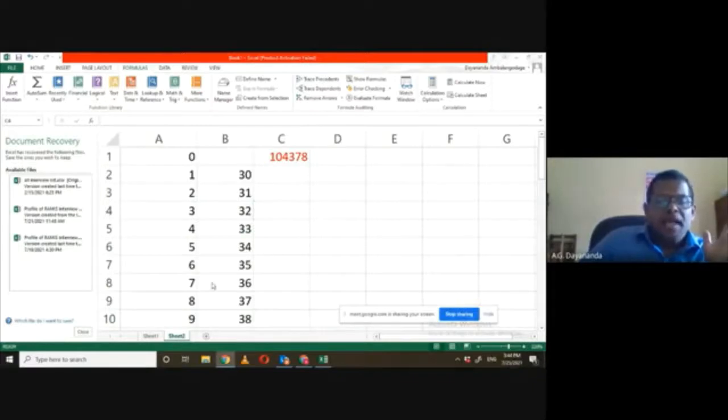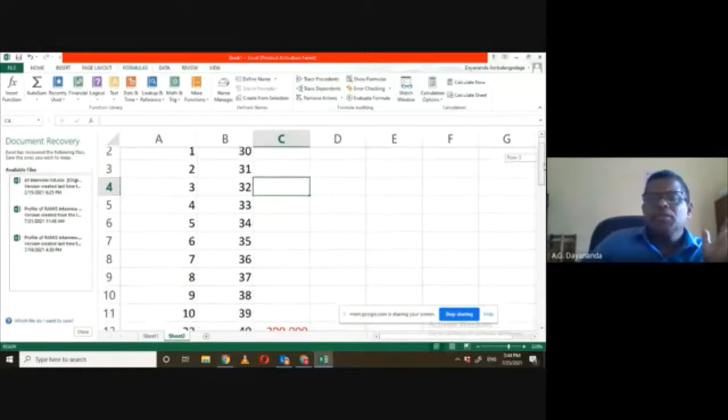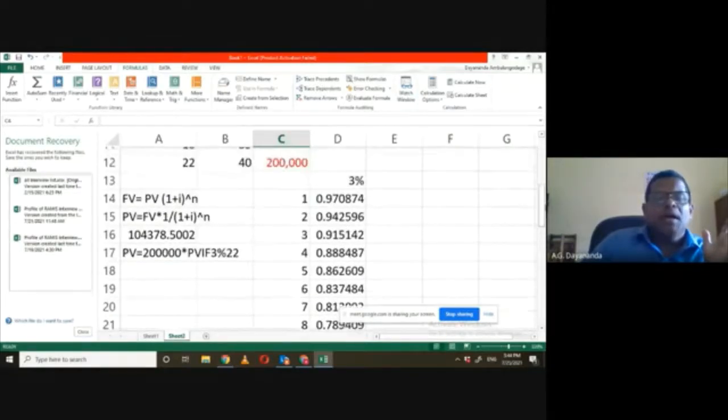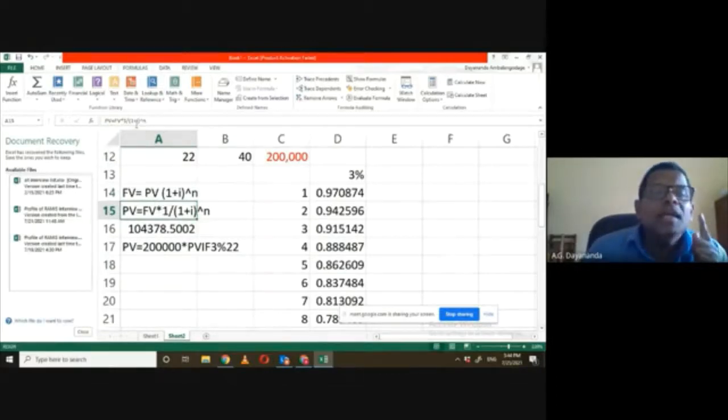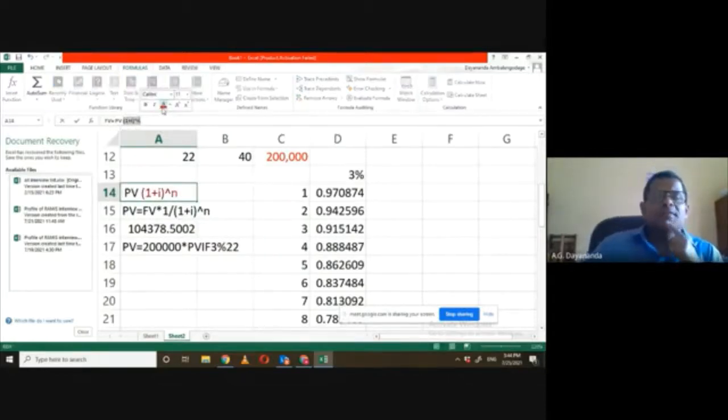I have given you a very clear idea about how to calculate lump sum, future value, and present value. Very importantly, your table is this component only. Remember, that is your table. Here also, same thing. This is the component in your table.